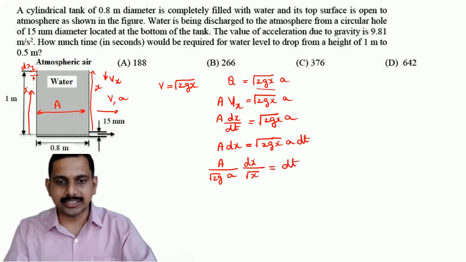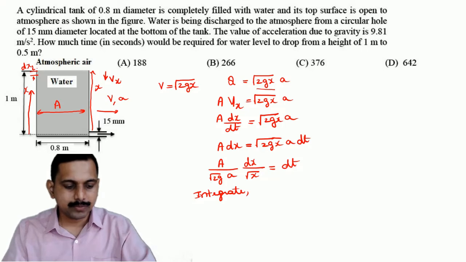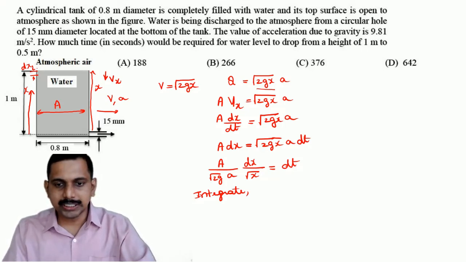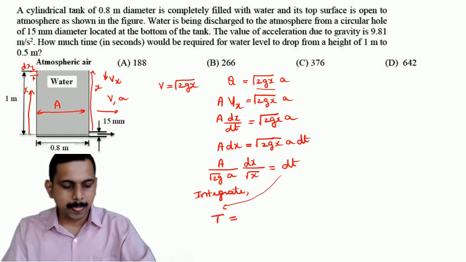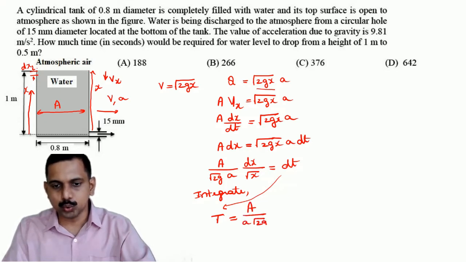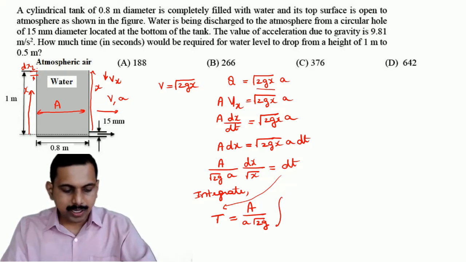Now integrating both sides, time is equal to A by small a into root 2g into the integration from 1 to 0.5.